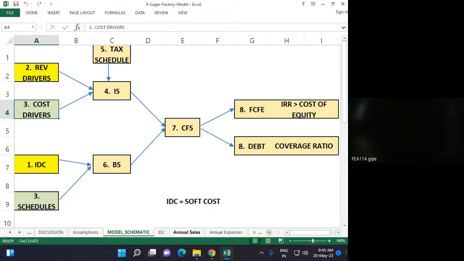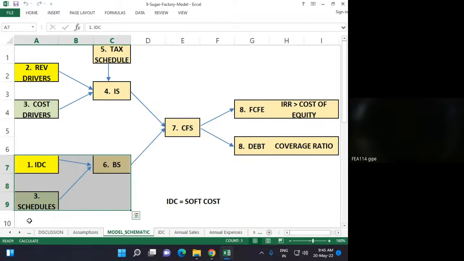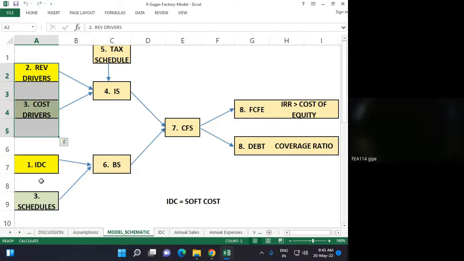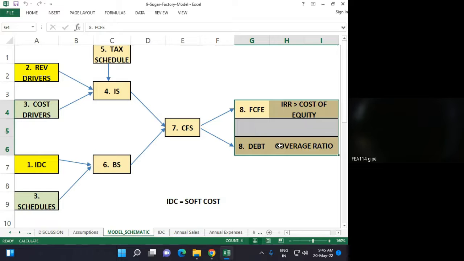We would be forecasting the statements, and for statement forecasting, create supporting schedules like the IDC, like the capitalized interest component, then your revenue and cost analysis, then other balance sheet schedules. And with that, we decided to complete the statements and find the IRR and DSCR.